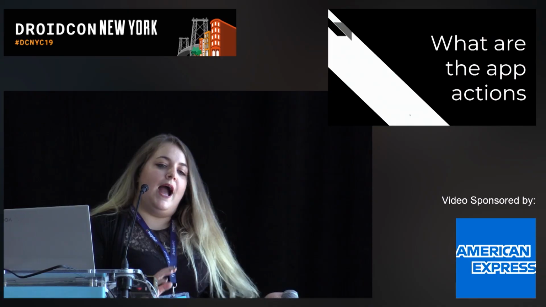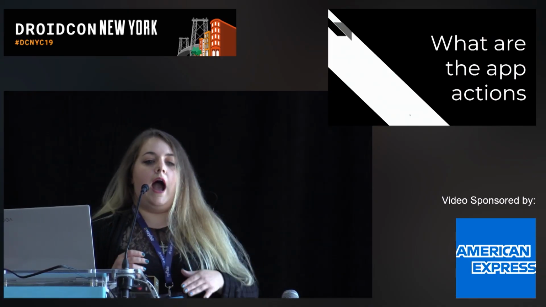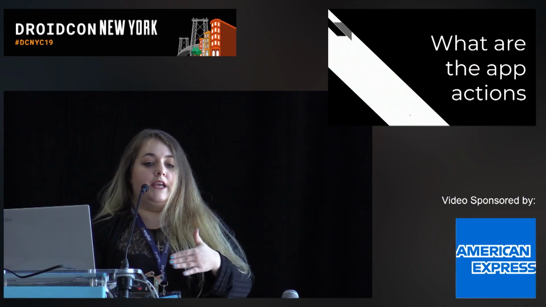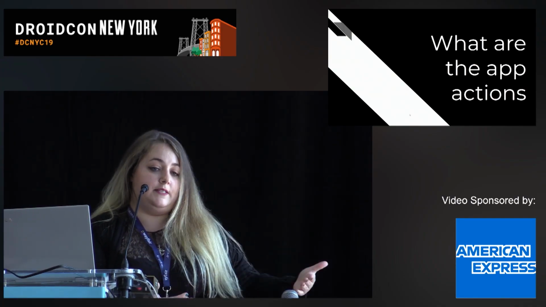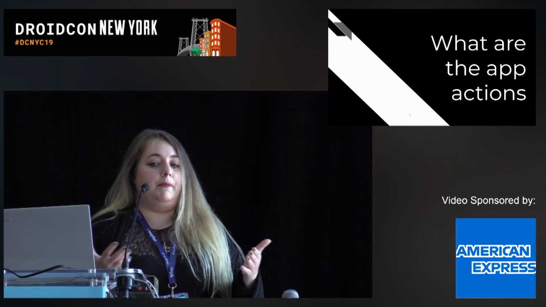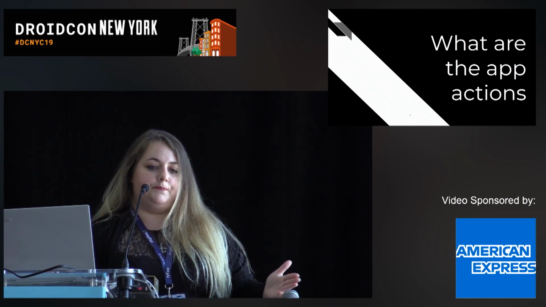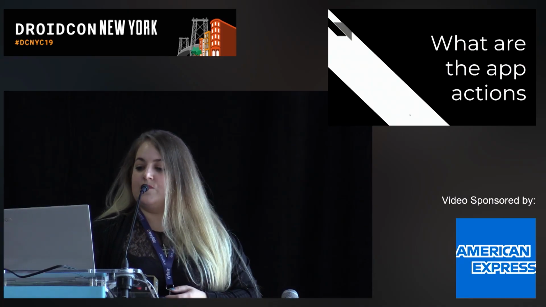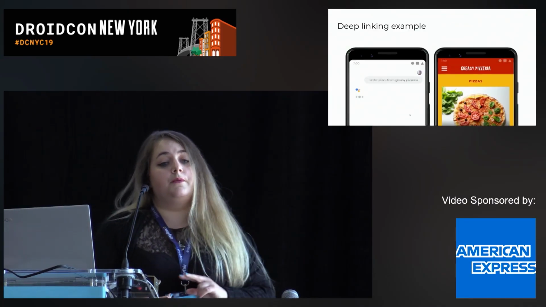So what are the app actions? The app actions are the way that you can enable your application to the Google Assistant and just make it more visible, because now your application and the Assistant do not connect at any point. There are two ways that you can make that connection with the Google Assistant.